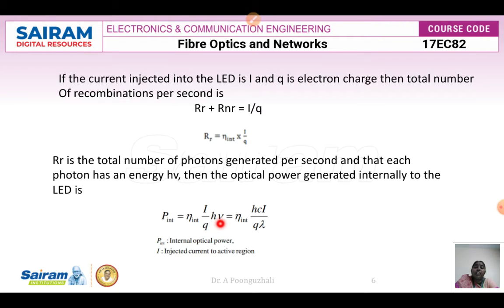If I write nu in terms of c by lambda, then it is the internal quantum efficiency times h c I by q lambda, where I is the injected current. So we can see that the optical power generated internally in the LED is proportional to the current injected into the LED.